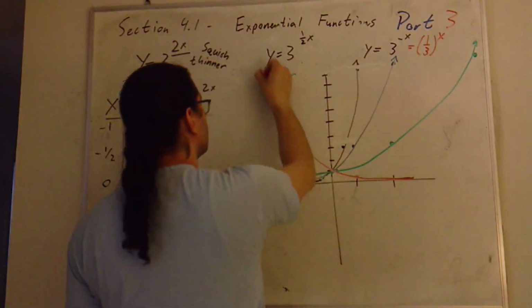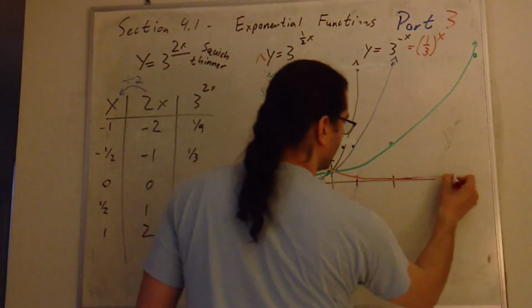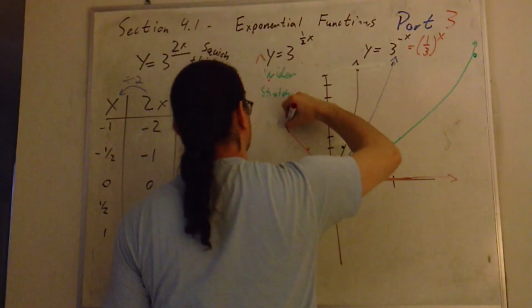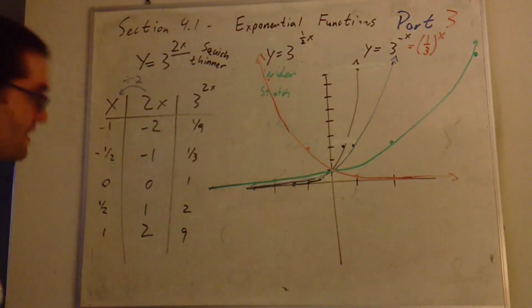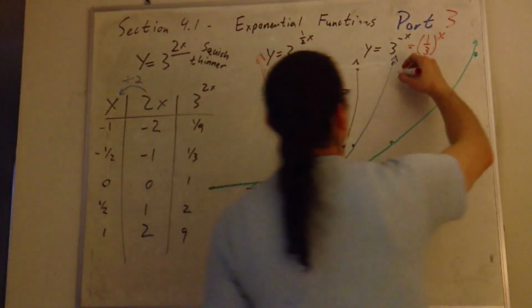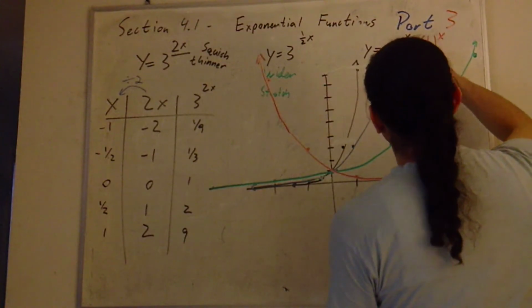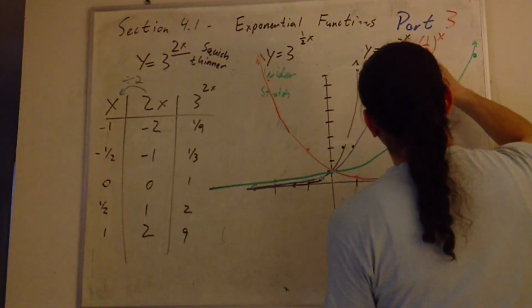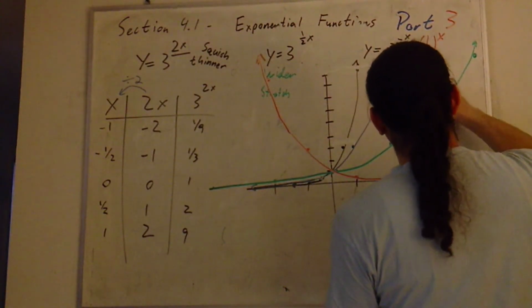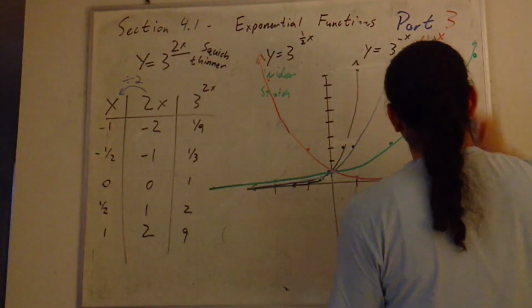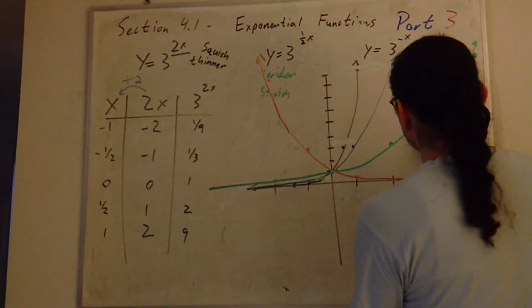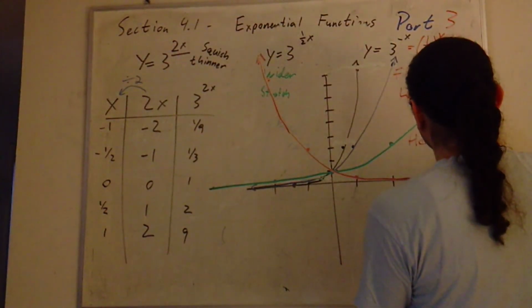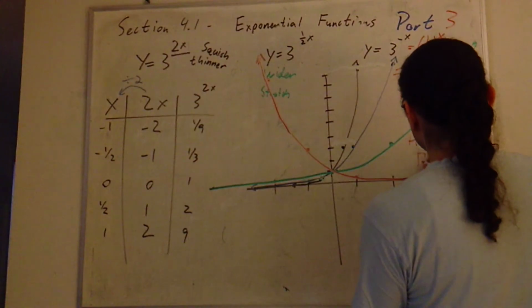Hopefully that's showing up. Looks like the red is not doing great. I call this a flip, left to right. The book is going to call this one a horizontal reflection.